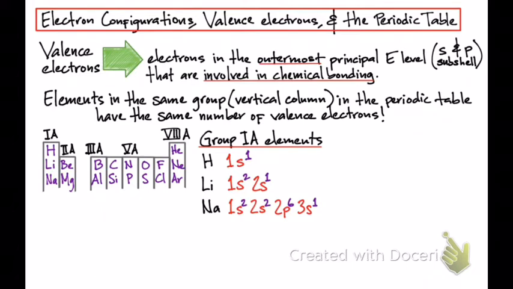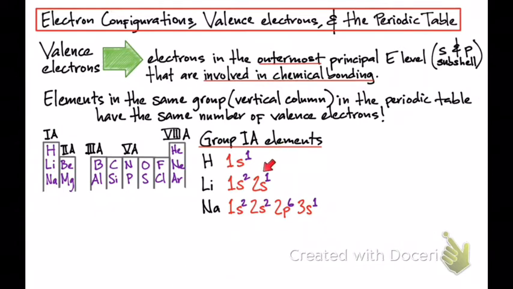So the definition of valence electron here is the outermost principal energy level, which means the highest s and p sublevels. For hydrogen, the highest s and p sublevel would just be the 1s, right? And then you count the number of electrons in that 1s sublevel. Because we only have one electron in the 1s, hydrogen must have only one valence electron.